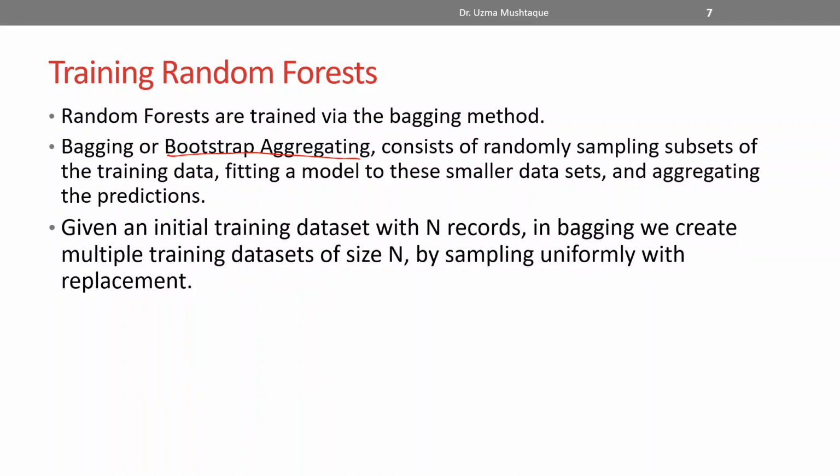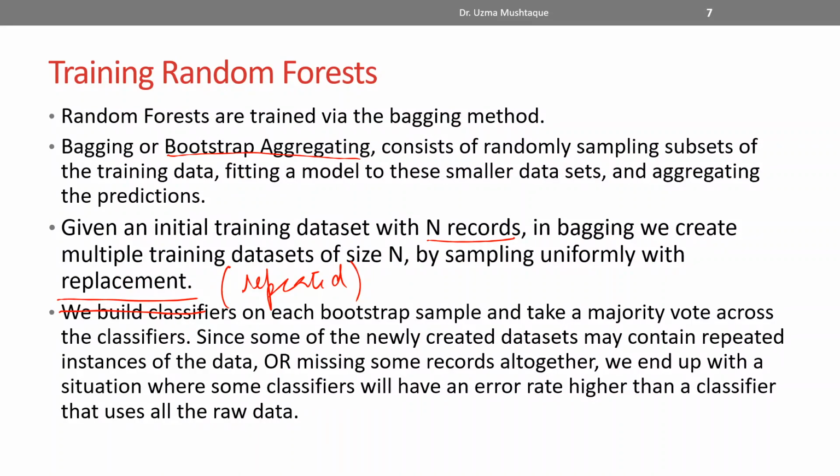So now, for example, an initial training data set has n observations. In bagging, we'll create multiple training data sets of size n by sampling uniformly with replacement. This is an important aspect. And so some points can get repeated in each of the trees that we saw earlier. We can have the same observation repeated in multiple trees. Okay, so then we build classifiers on each bootstrap sample, and we take a majority vote.